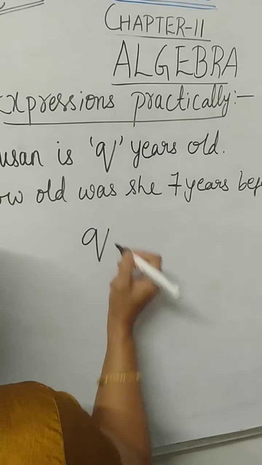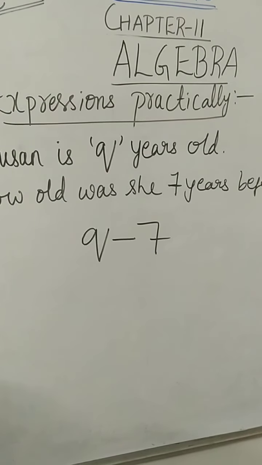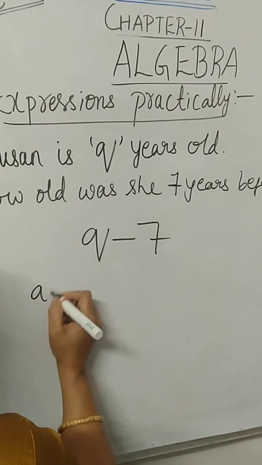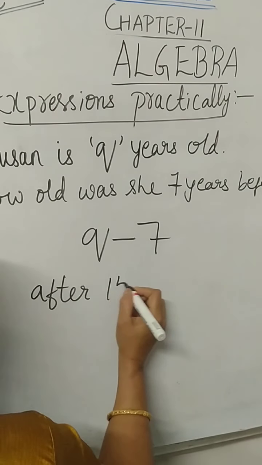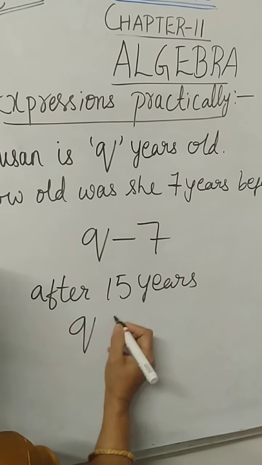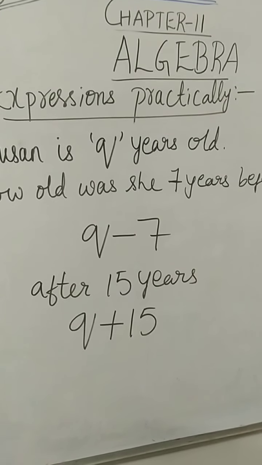Now she is Q. 7 years before she was Q minus 7. How old will she be after 15 years? She will be Q plus 15 after 15 years. This is the way we use these expressions practically. Yes.